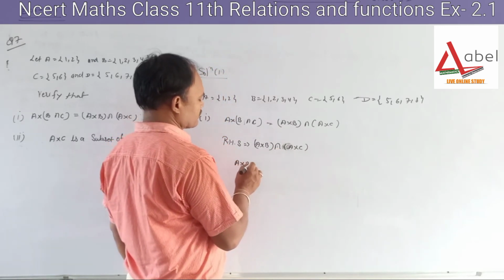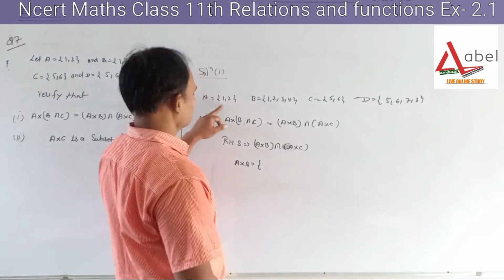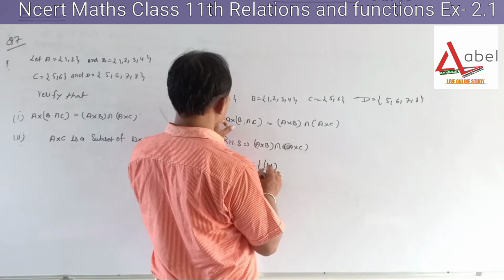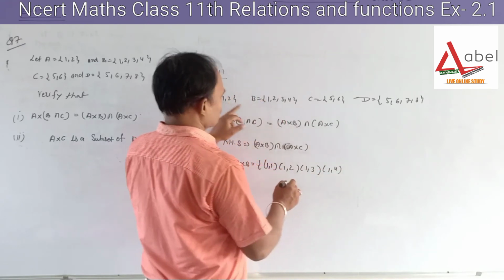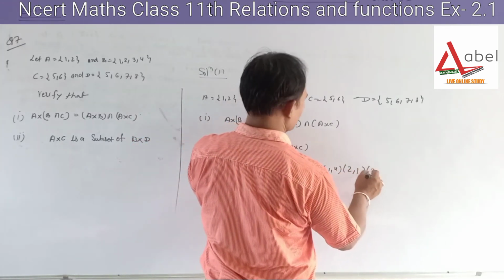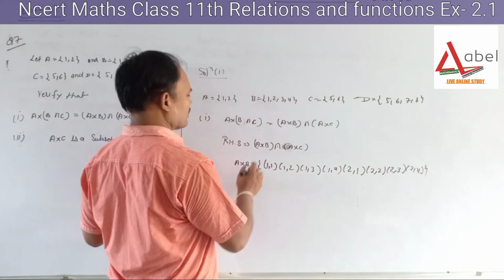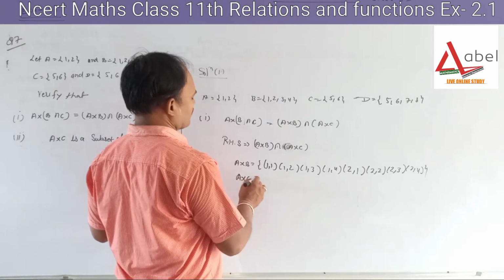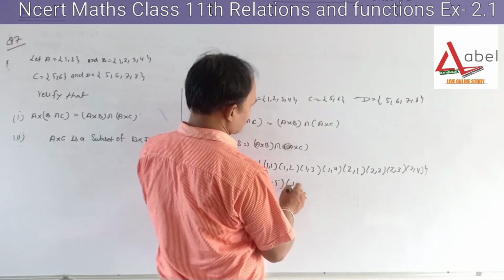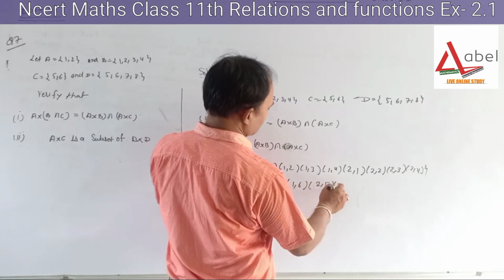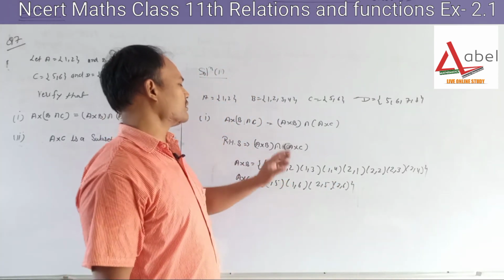Now A cross B, what is A cross B? A cross B is (1,1), (1,2), (1,3), (1,4), (2,1), (2,2), (2,3), (2,4). Now A cross C is (1,5), (1,6), (2,5), and (2,6). Now the question arises, what is common between them?